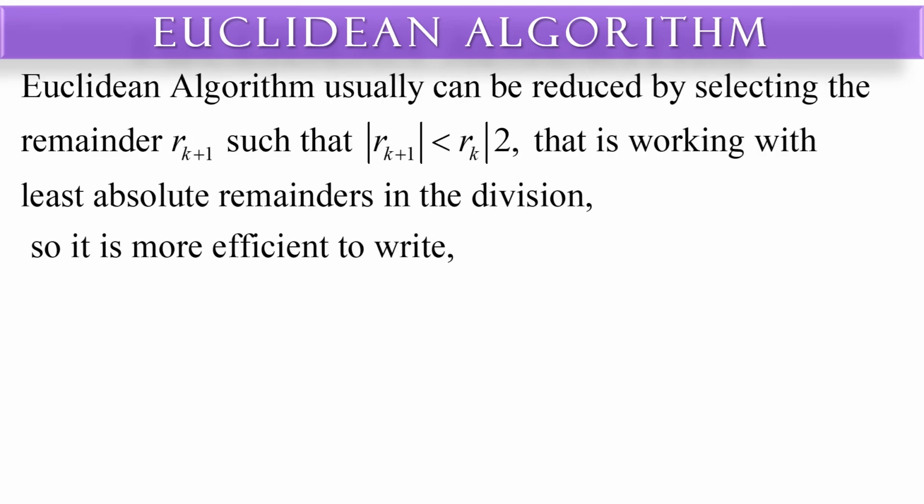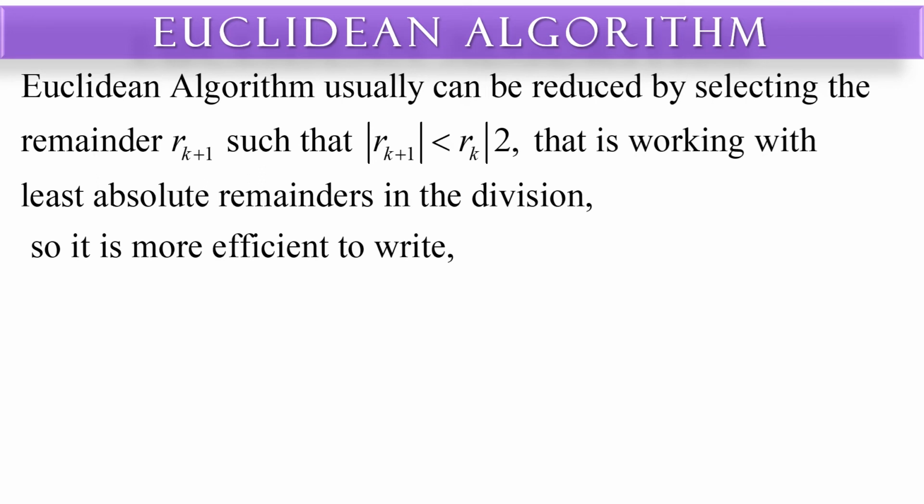The number of steps in the Euclidean algorithm usually can be reduced by selecting the remainder r sub k plus 1 such that the absolute value of r sub k plus 1 is less than r sub k divided by 2, that is, working with the least absolute remainders in the division.